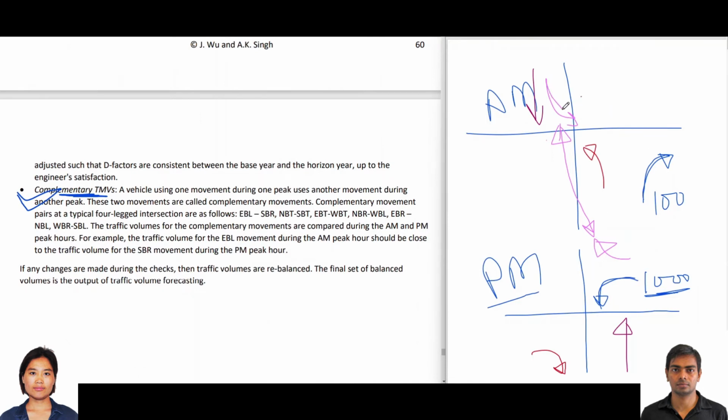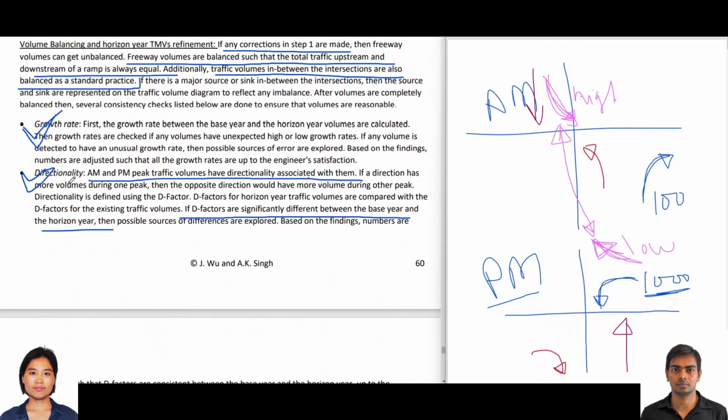So the output we are getting from different methods might have put this as a very high number and this as a low number, because since there are infinite solutions, it might happen that all the conditions are still satisfied, such that this number is pretty high and this number is high and this number is low. So now we do this complementary turning movement count check, directionality check, and growth factors check to see whether we have unrealistically put some number high and some number very low.